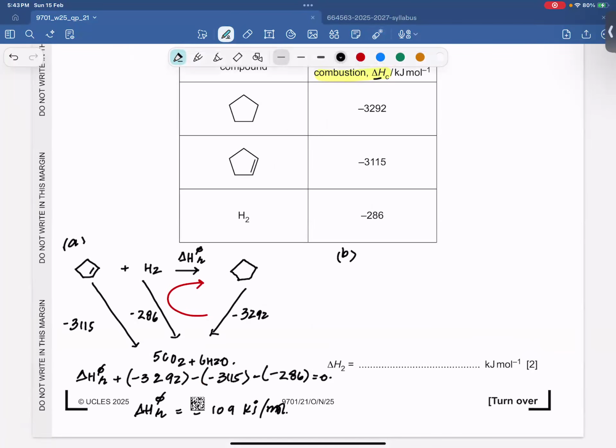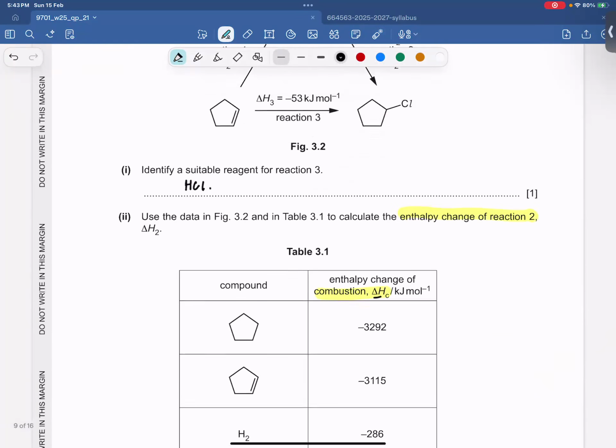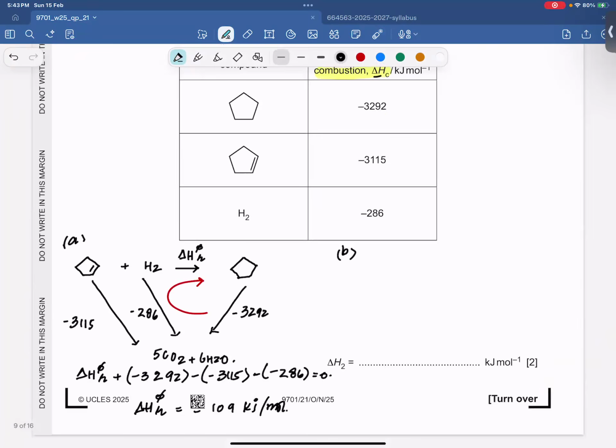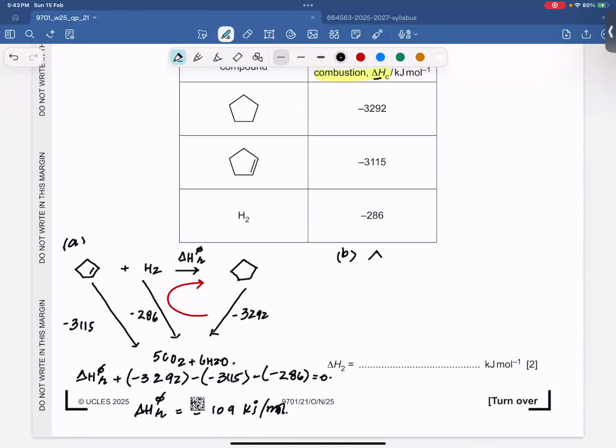So what I'm going to write here is delta H1 plus delta H2 equals delta H3.